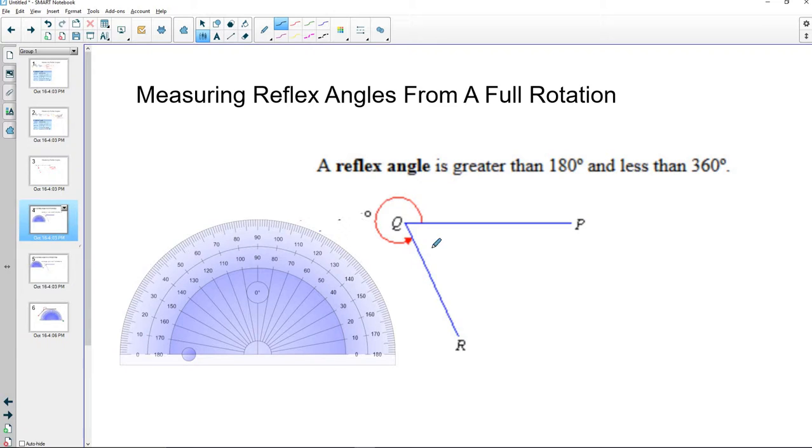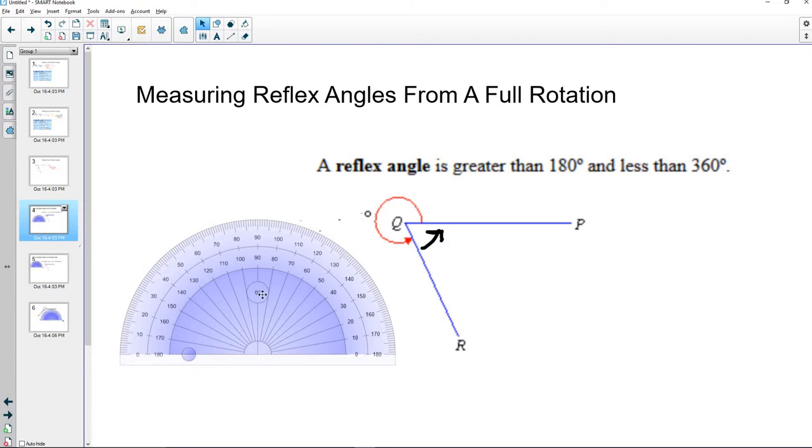Another angle we can measure is this one inside here. And if we take that and add it to this one, we will get 360 degrees because that's a full rotation. So in saying that, if we take the acute angle away from 360 degrees, we'll be left with this one, won't we?